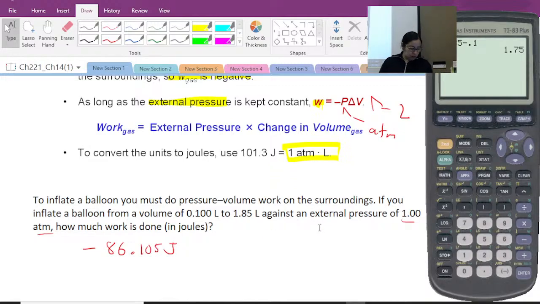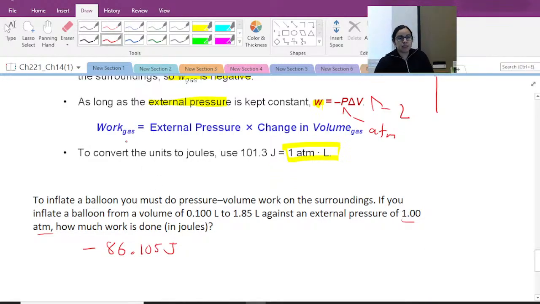If you get confused with the sign there, you can just look at whether the balloon is inflating, because that's the key. If the volume is increasing, the work done by the gas has to be negative.